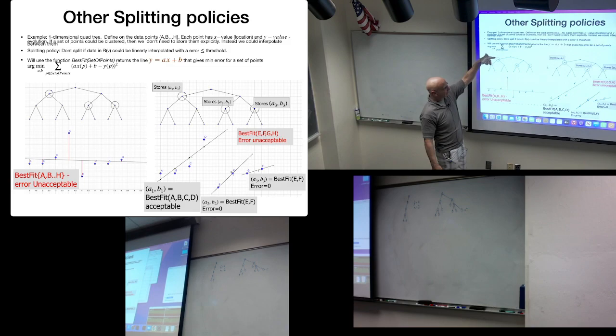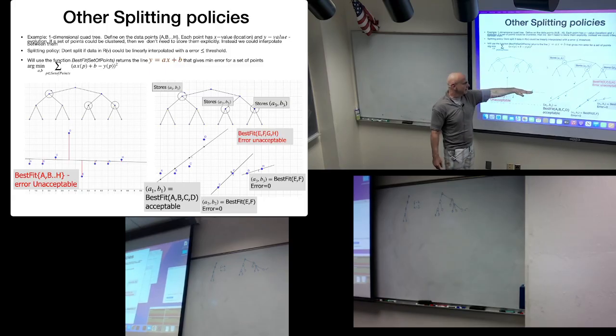And in this little toy example, I take all the points from A to H and try to best fit them, and the error might be the sum of squares of the vertical errors. And I ask, is this an acceptable interpolation for all the data points?